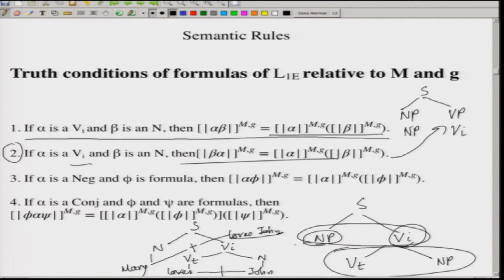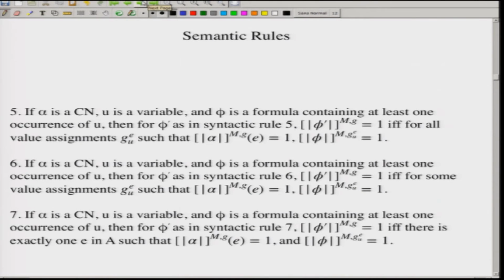So that's why we have these two rules, and then we have rules for negation and all that stuff. If we remember, it's very easy for us. Then these are the conj rules, and this is the most important. These three are the most important rules for us, and if we didn't have time for discussing this one, that is rule 7.